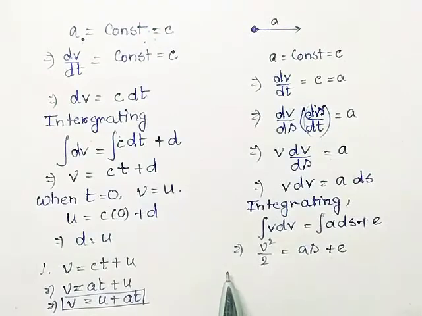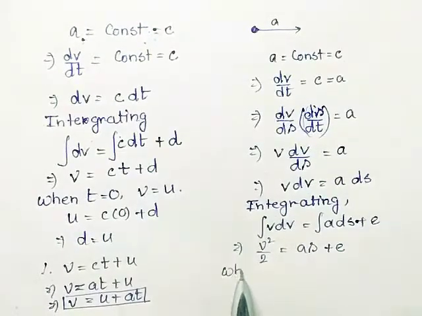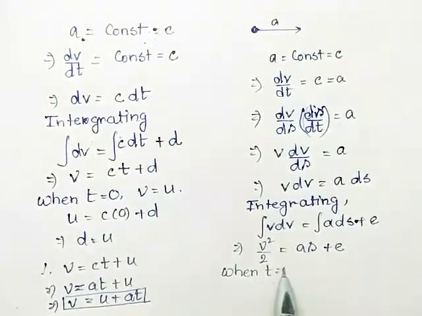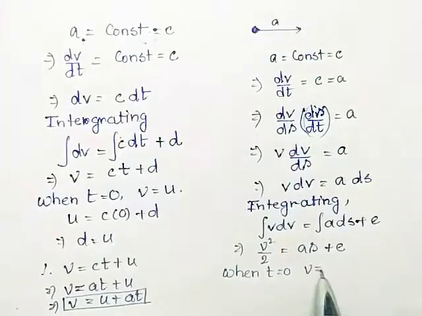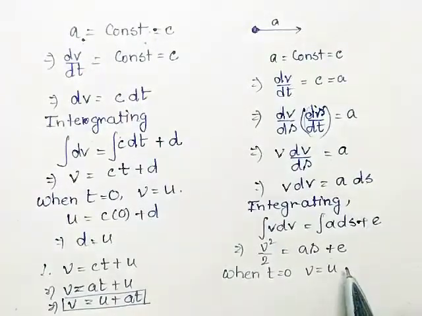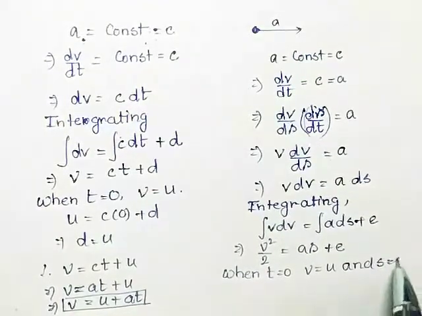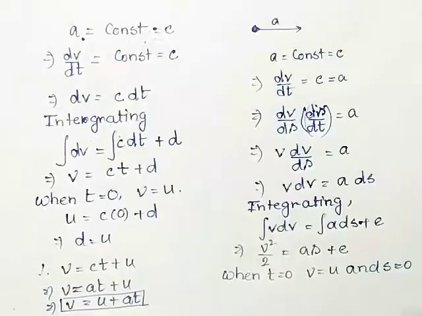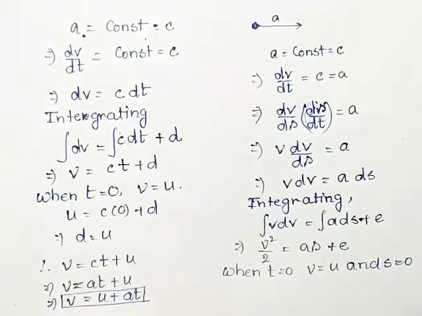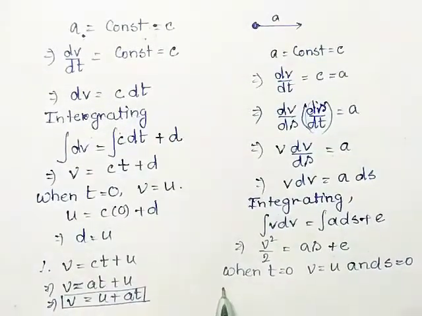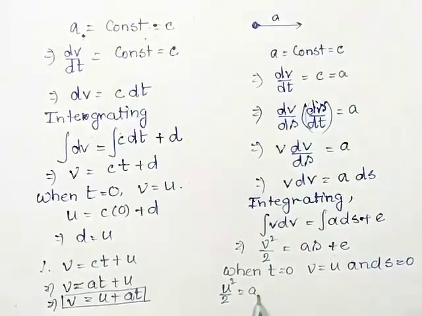The boundary condition here we choose: if we consider that t equal to 0, then v equal to u, and s equal to 0. That is, initially the displacement is 0, and the velocity is u. So if I put it here, it will be u square divided by 2 equal to a into 0 plus e.